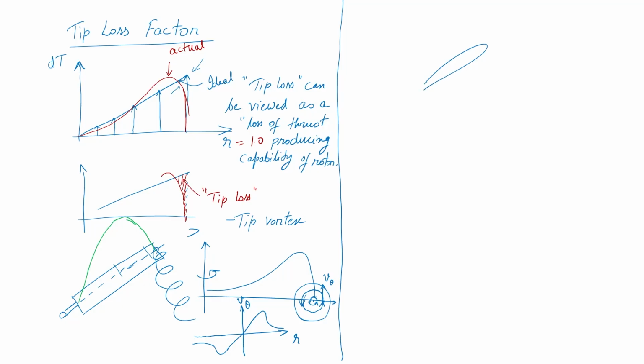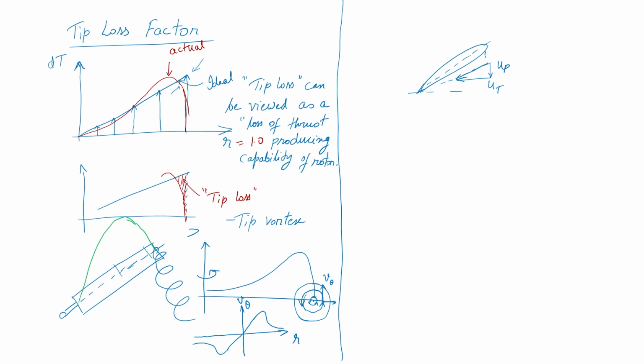If I go back and look at my blade element, so I look at my airfoil for any particular blade element, we have ut, and then I have up, and based on that I have a resultant flow in this direction.